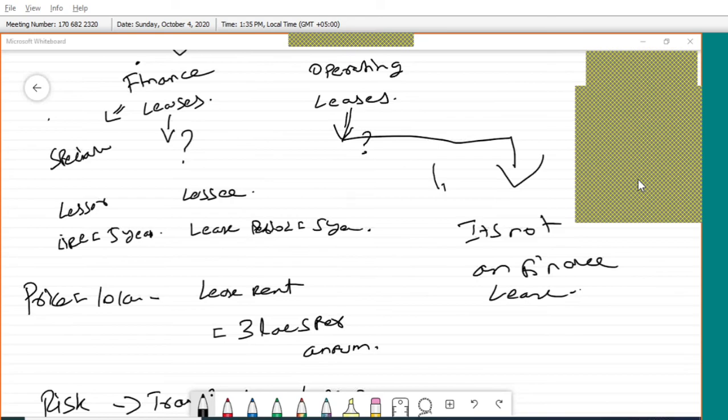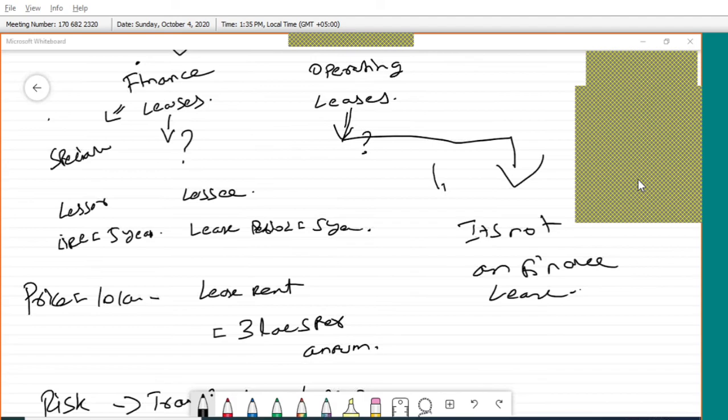Okay. So applicability, just now we discussed. Then the next step is accounting treatment in case of finance lease. Accounting treatment in the books of lessee.